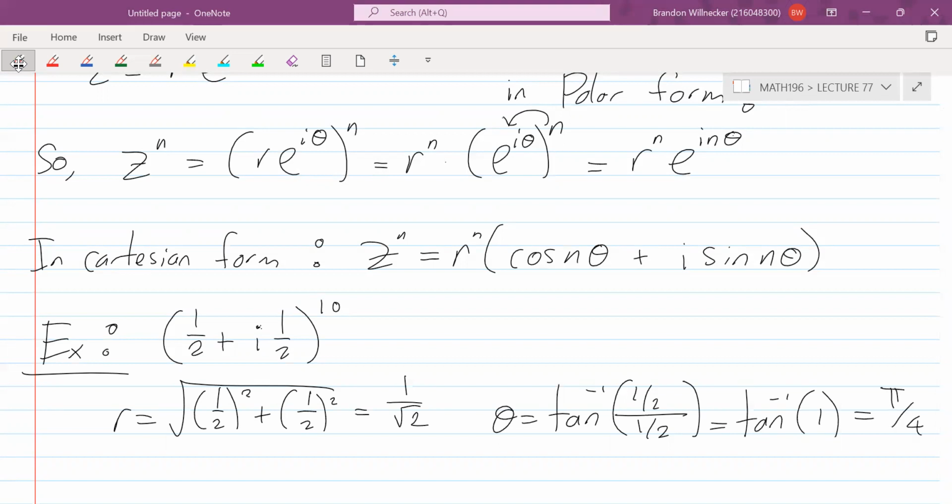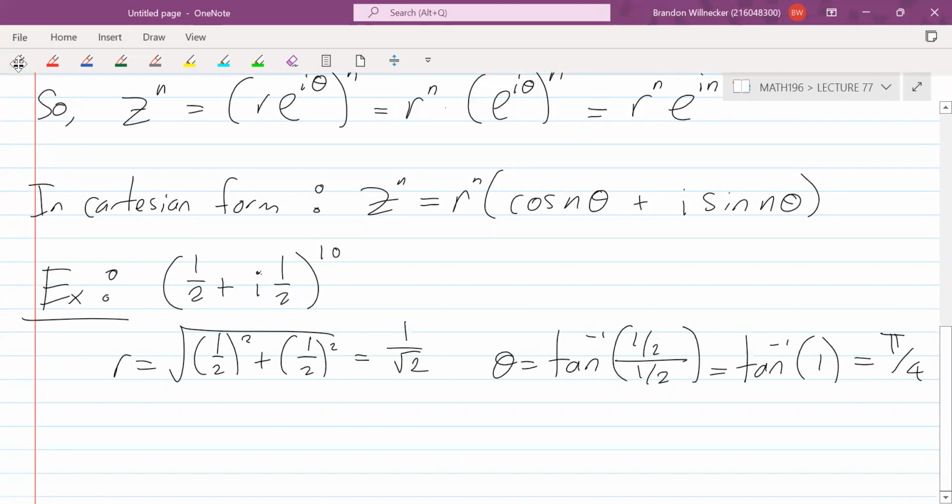Okay, so we've got the r value, we've got the theta value. So that means we can rewrite this as z is equal to 1/2 plus i times 1/2. Okay, in Cartesian form. In polar form, this would be 1 over root 2 e to the i pi over 4. Okay, using Euler's formula there.